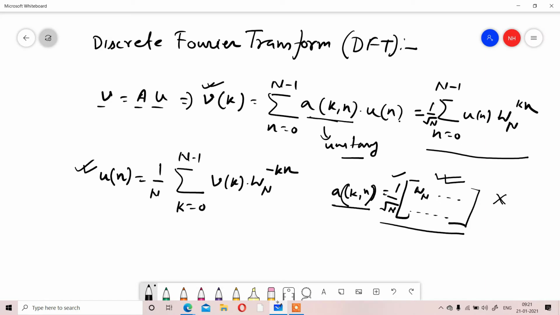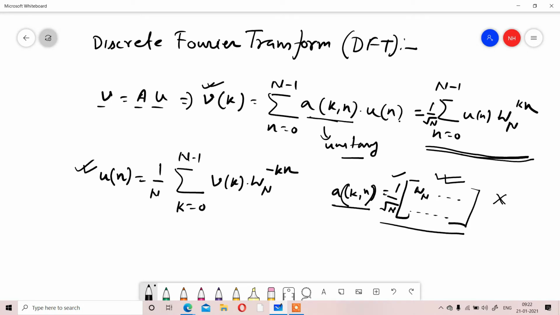You have to apply 1 by root n here. So that expression will define the expression for the unitary discrete Fourier transform in the one dimensional domain.